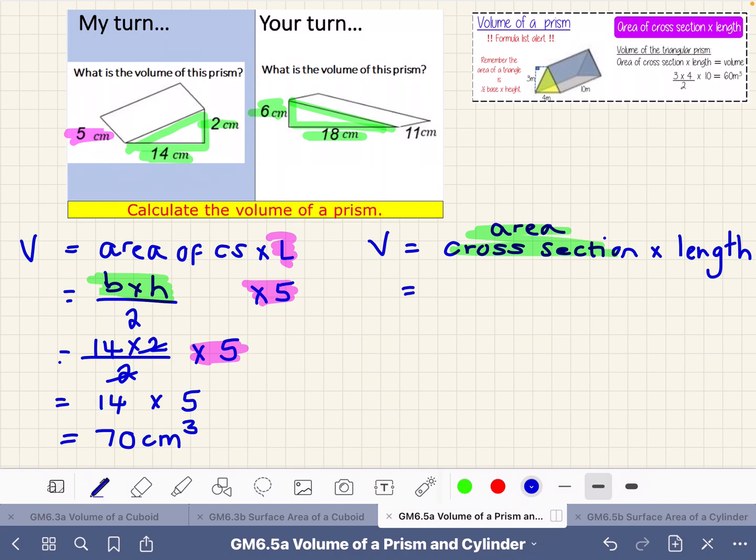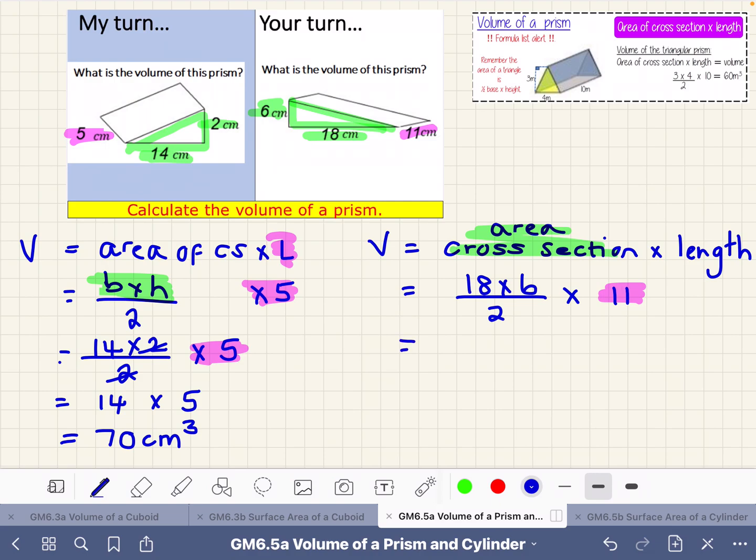So that means we can start it off by saying we've got 18 multiplied by 6 divided by 2. So that gives us our half base times our perpendicular height. We multiply that by the distance the shape goes back. In this case, it is 11.